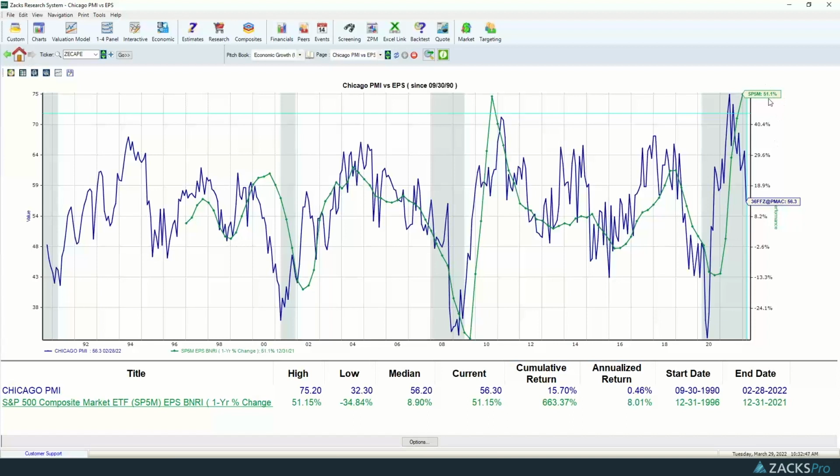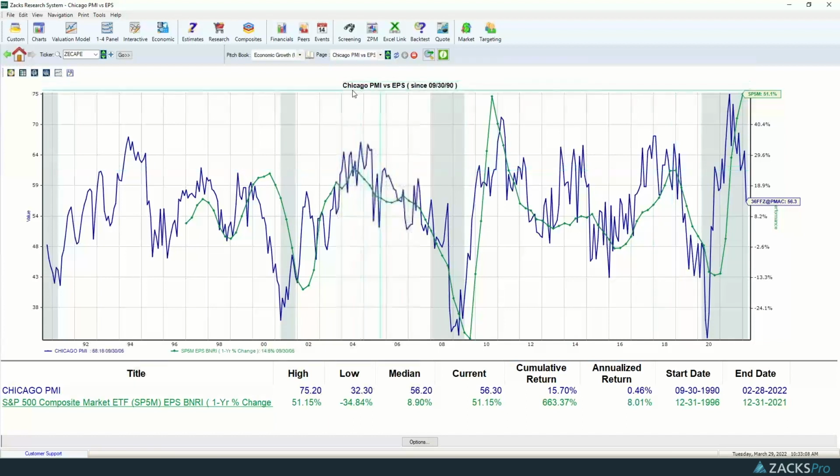We're at 50% right now, 51%. Even if this corrects back to its longer-term trend of closer to, say, 20% or even 15%, that's not necessarily bearish for the markets. It just means that the rate of change is beginning to slow.